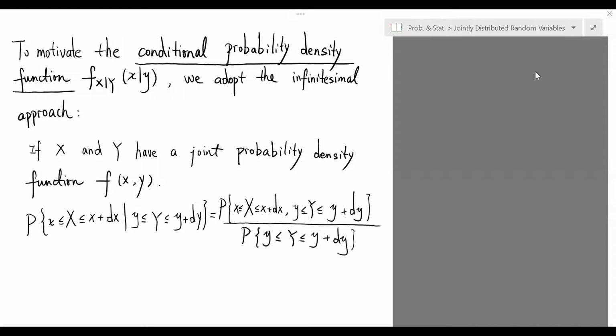The following infinitesimal probabilities can be expressed in terms of the joint density function and the marginal density function as f of x comma y dx dy divided by f sub capital Y of y dy, where f sub capital Y is the marginal density function with respect to the variable capital Y.